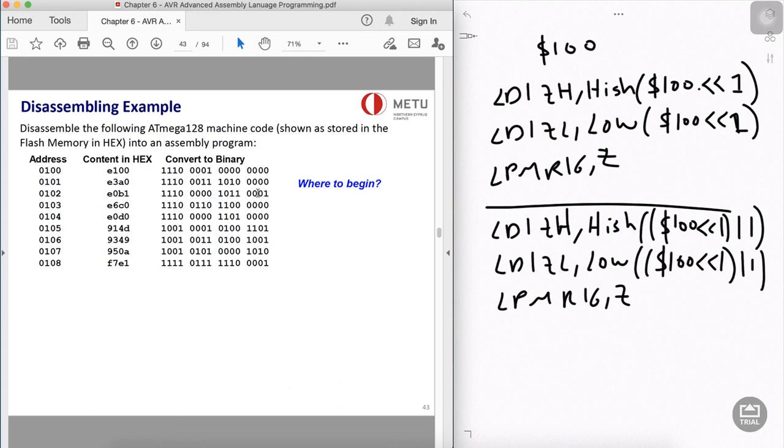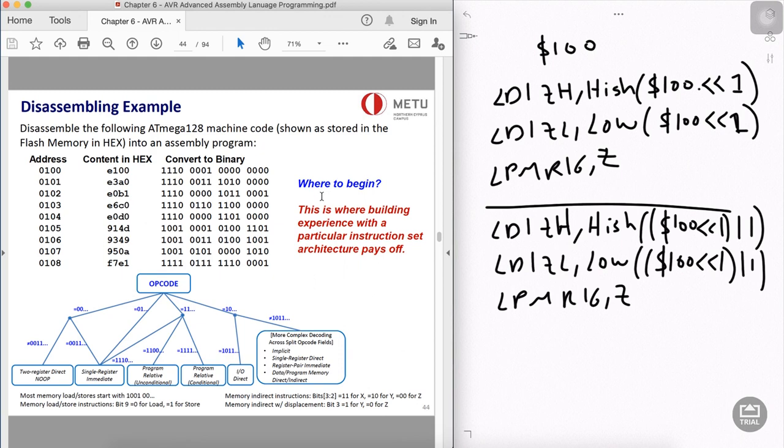So we just converted them to binary like we were doing in logic design as well. So how are we going to disassemble that? We have to understand which opcode belongs to which addressing mode, which we are already seeing. From the addressing modes, you can understand which instruction is used, so you can find out their opcodes and their operands and so on.